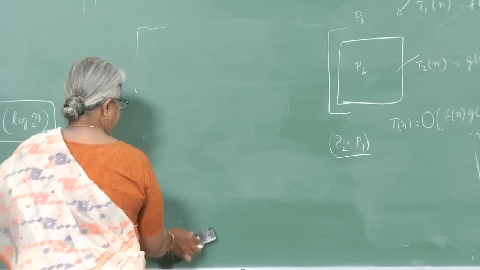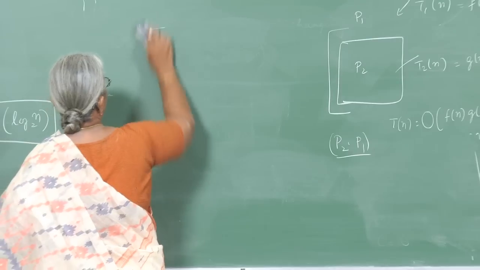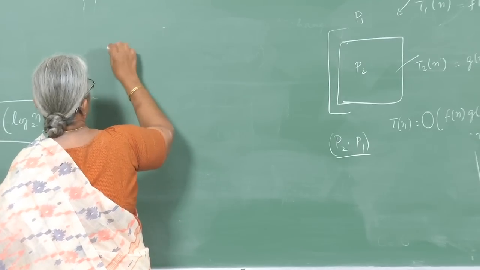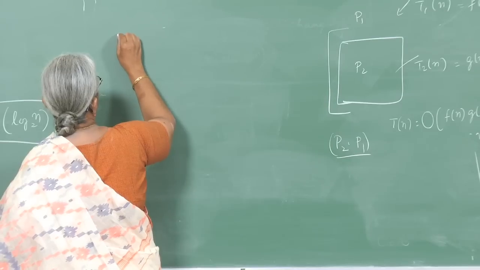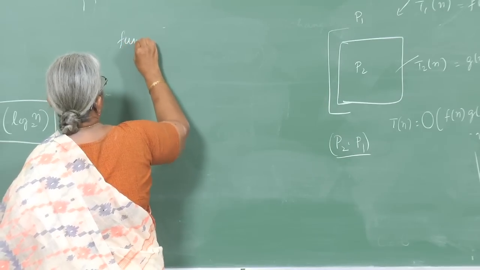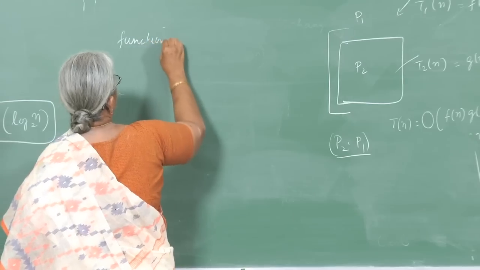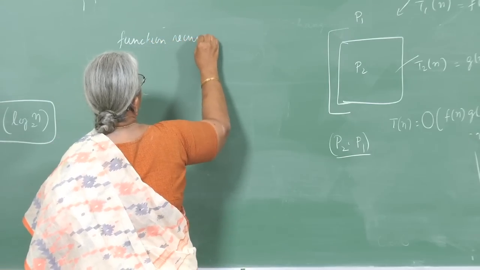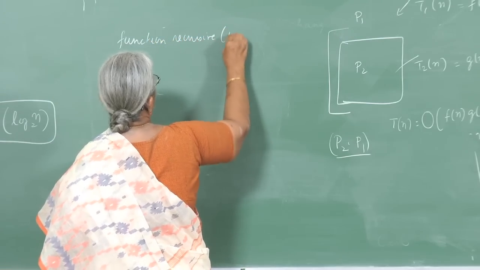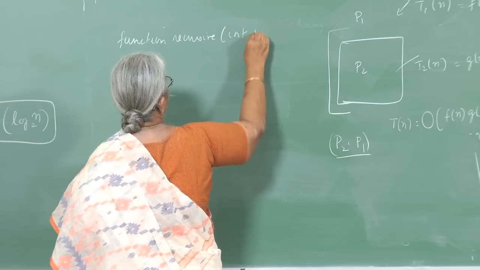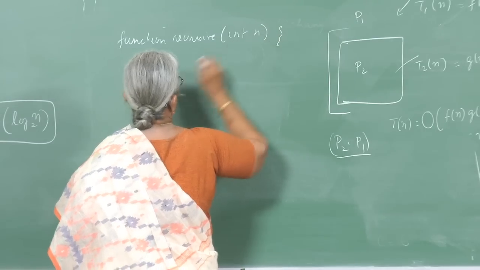So, this was a function that we wrote. If I write it in some kind of algorithm type of statements, function recursive int of n, it was a function of this kind.